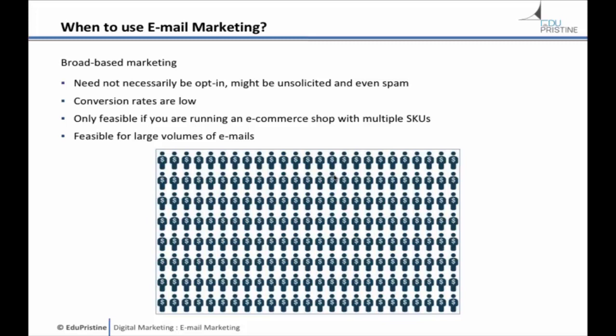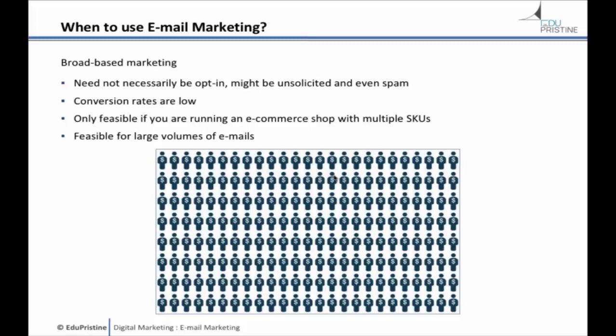So broad-based marketing need not necessarily be opt-in, it might be unsolicited, or even spam. The conversion rates are low. Why? Because they never registered, and you don't know if they are interested in your products or services.